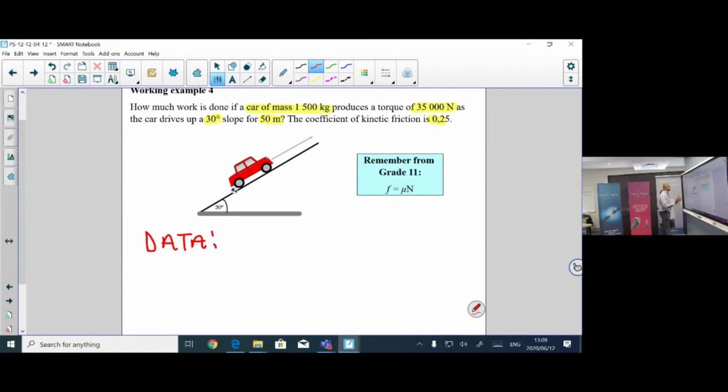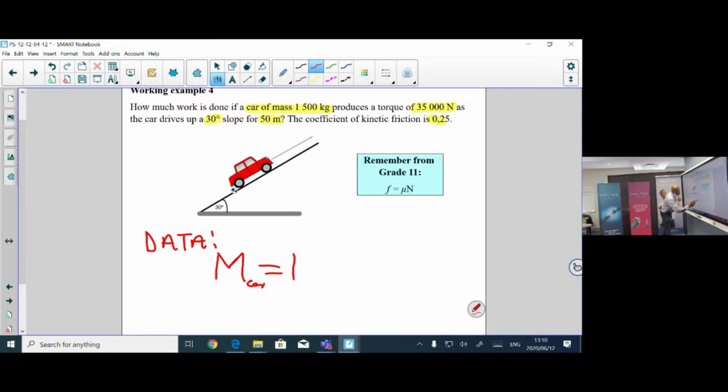We have the mass of an object. The object there is the car. Let me write in capital letter. We have capital letter M, sub car, so that we know what we are talking about.